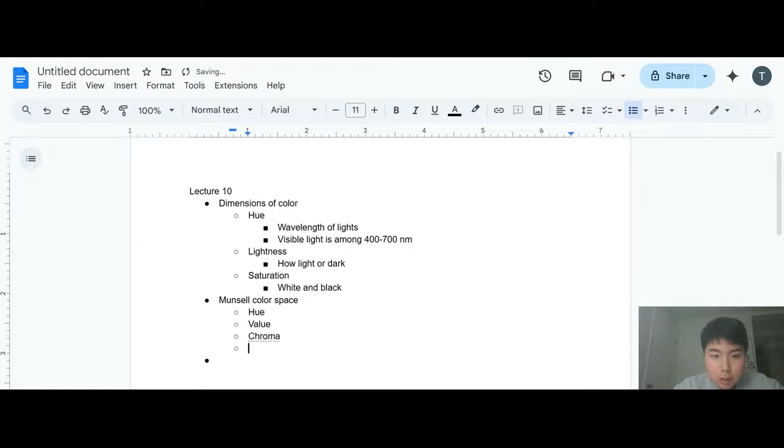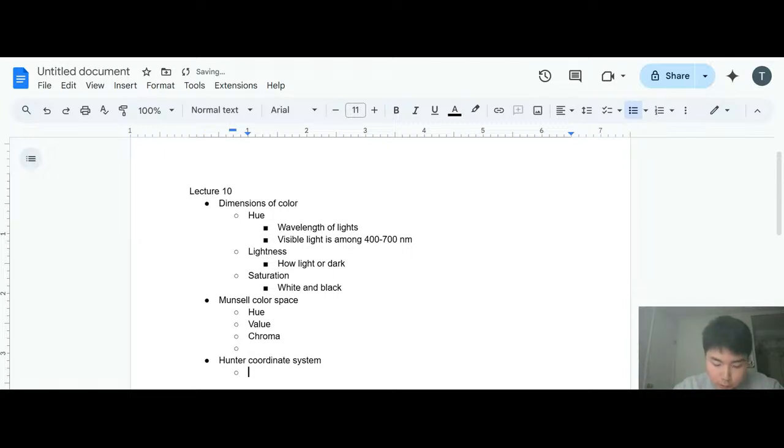Chroma is like, I don't know what chroma is about. Oh wait, and the Hunter coordinate system.